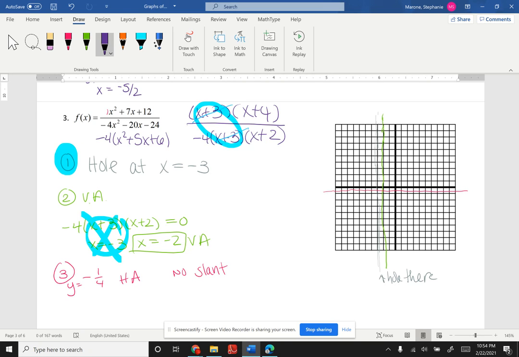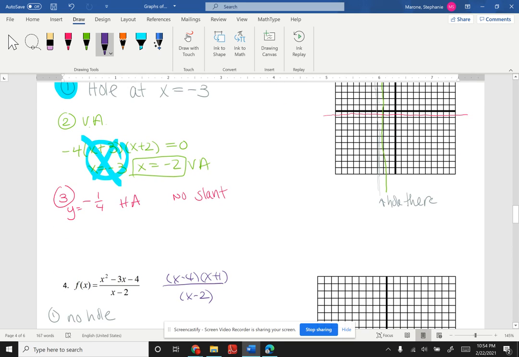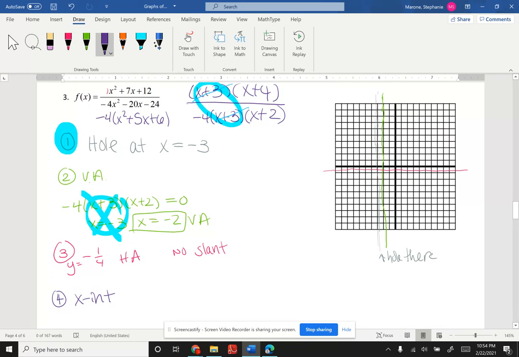And number 4, step 4, the x-intercept. The x-intercept, remember, it's making the whole equation set equal to 0, which then we would multiply by the bottom and get rid of it. So it's 0 equals x squared plus 7x plus 12.